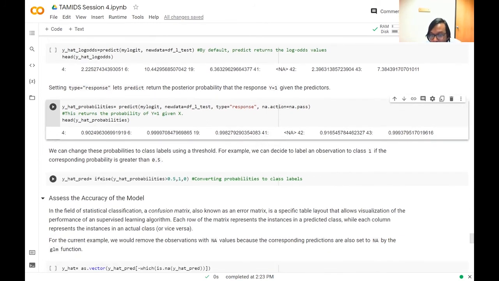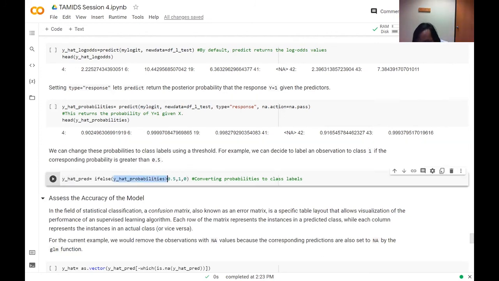For that, we are going to use the if-else function. The if-else function has a condition as the first input. The condition is whether the probability is greater than the threshold or not. In this case, the threshold is taken to be 0.5 because it's halfway between 0 and 1, so it's a very popular choice of threshold.